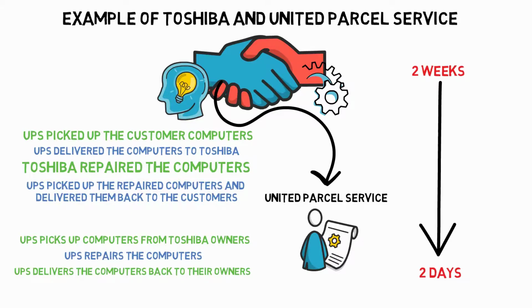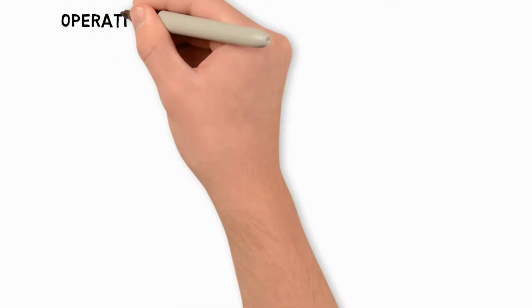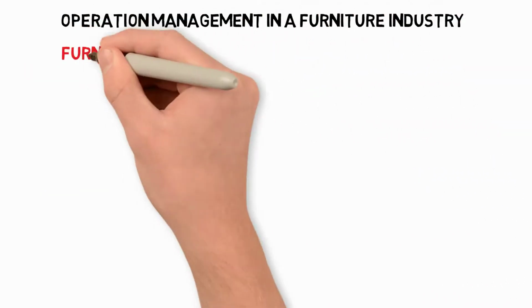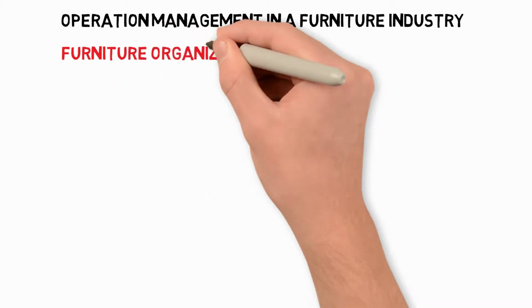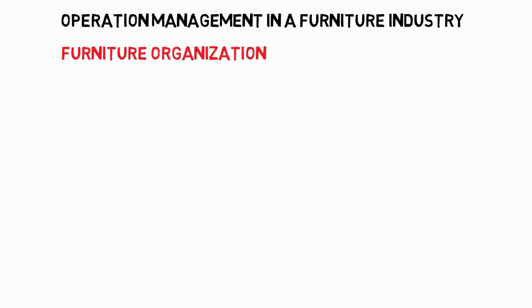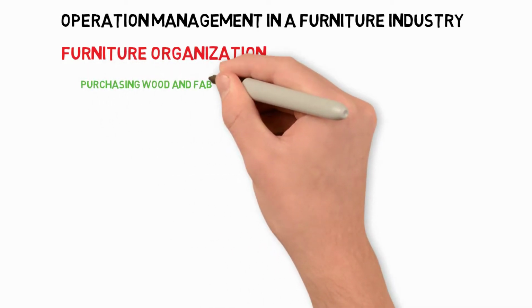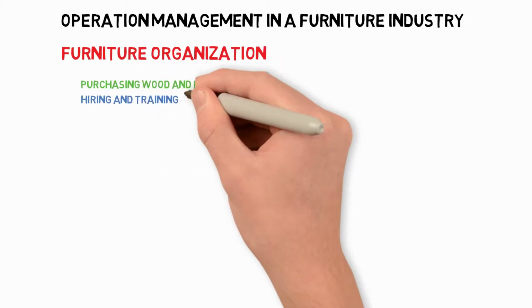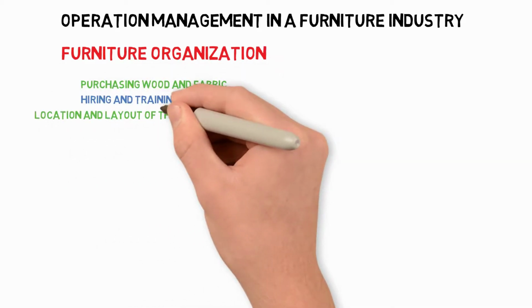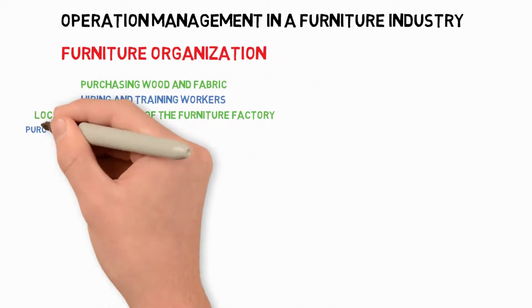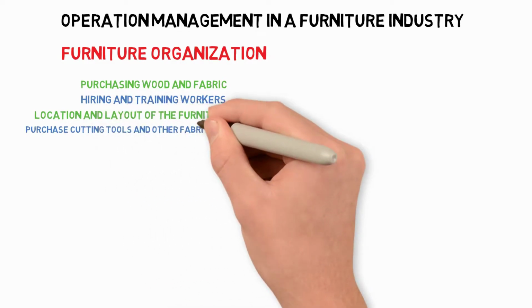Operation management in a furniture industry. As an example, if we consider a furniture organization, here are some of the operations management decisions that the furniture industry follows. Purchasing wood and fabrics, hiring and training workers, location and layout of the furniture factory, purchasing cutting tools and other fabrication equipment.